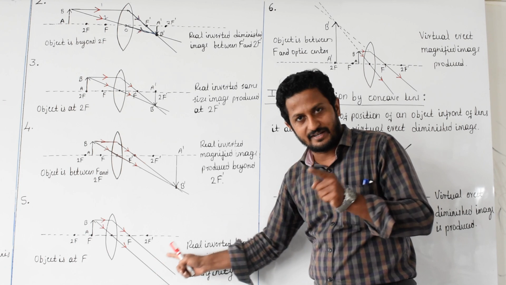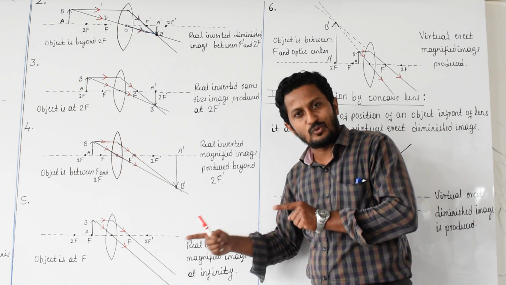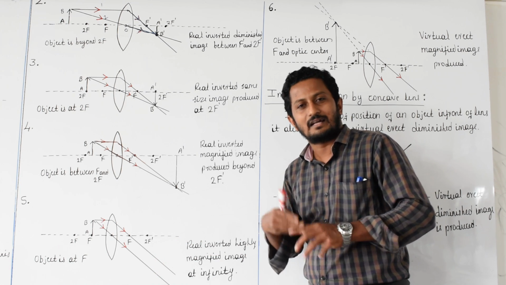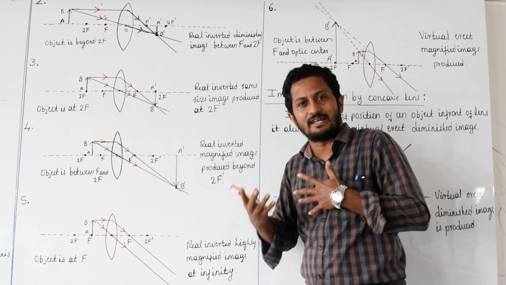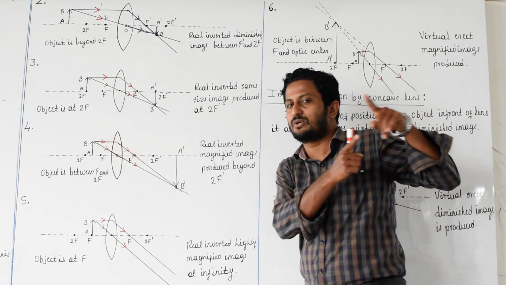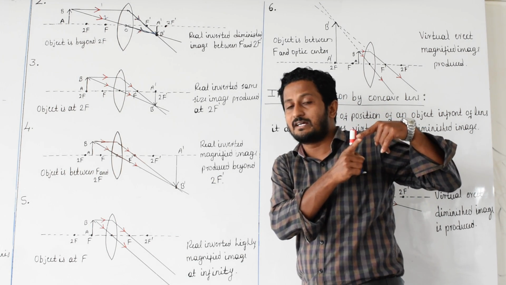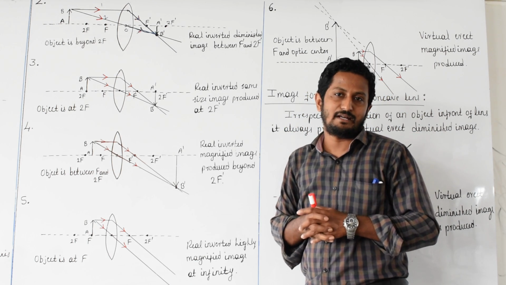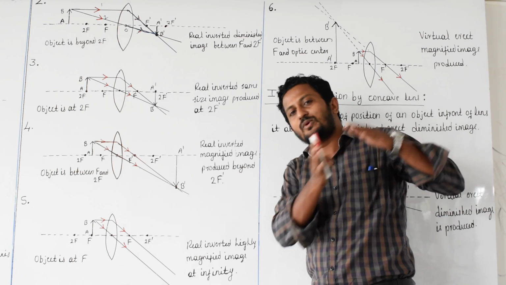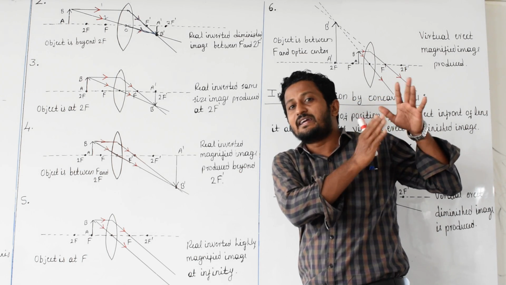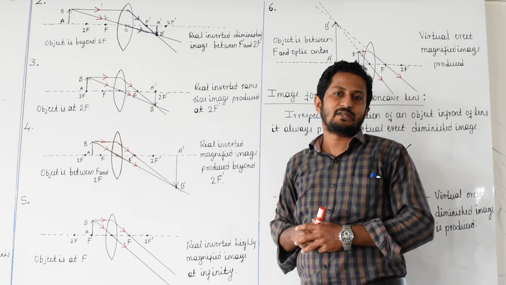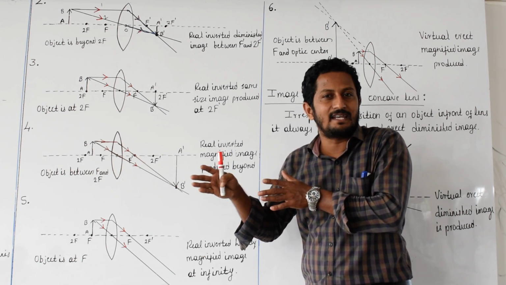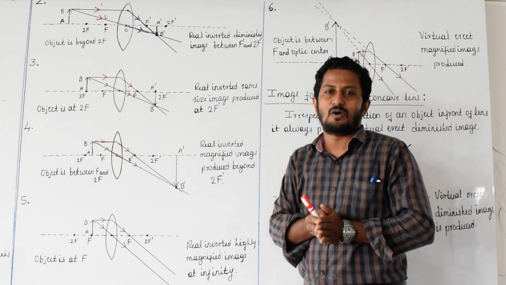These two refracted light rays are looking parallel. That's why we imagine that they are going to intersect somewhere at an infinite point. I mean, the image is going to be produced at infinity when the object is placed at principal focus point.